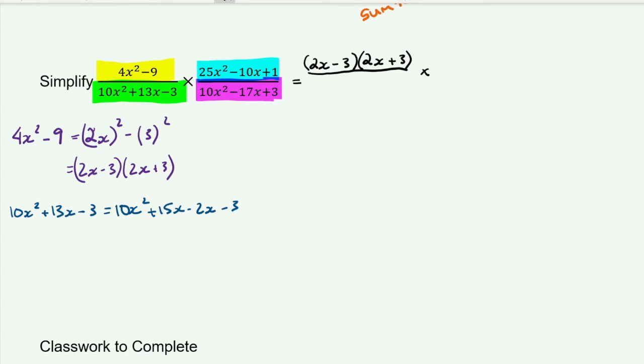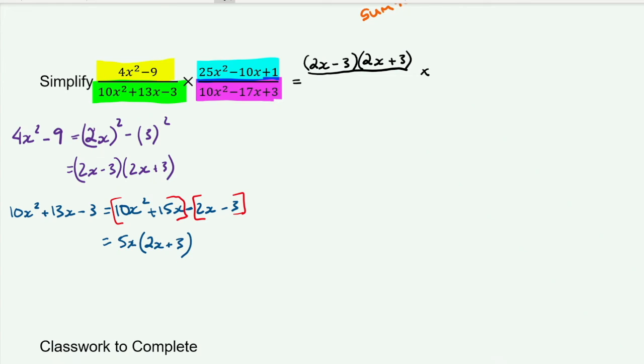Now, it does look a little bit wonky because we don't really have a common factor for the second set, but it is going to work, trust me. Alright, so 10x and 15x, well, that's going to be 5x outside of 2x plus 3.